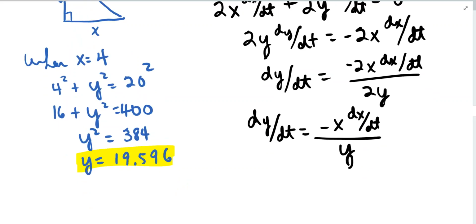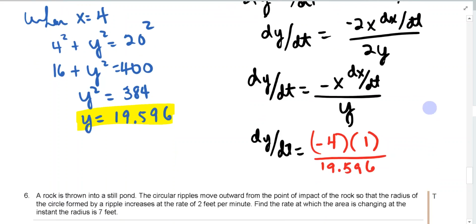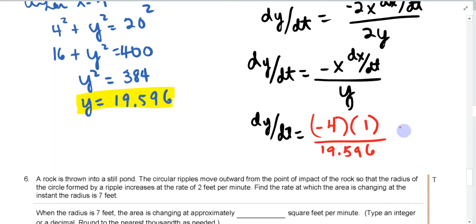So we've got dy/dt is equal to negative 4, because when x is 4, and then dx/dt was 1, over 19.596. When you do that in your calculator, you should get negative 0.204.